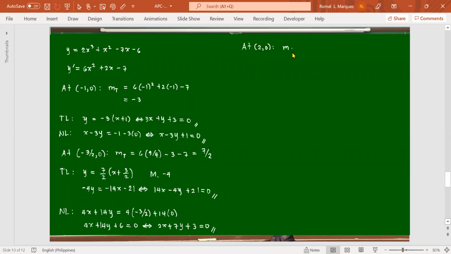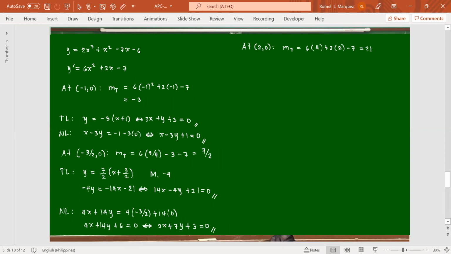What is the slope at 2, 0? 6 times 4 plus 2 times 2 minus 7. What's the value this time? 6 times 4 plus 4 minus 7. Positive 21, right?